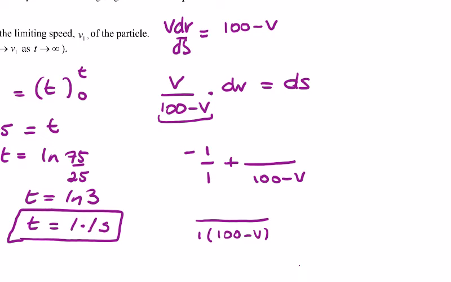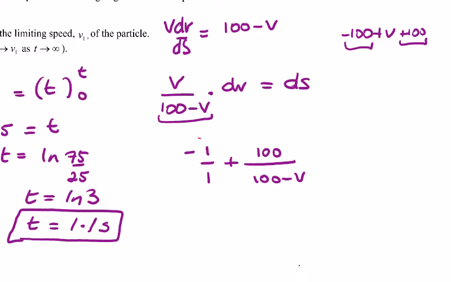We want the v on top. We currently have this minus 1 here multiplied by this one. So we currently have minus 100 plus v on top. We want the v, so we'd have to add 100 to get rid of the minus 100. So we put 100 on top here, and this will be the same as v over 100 minus v.